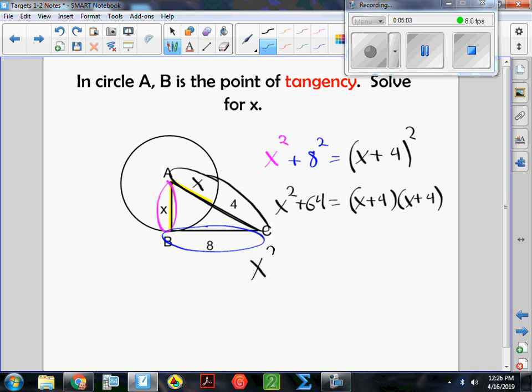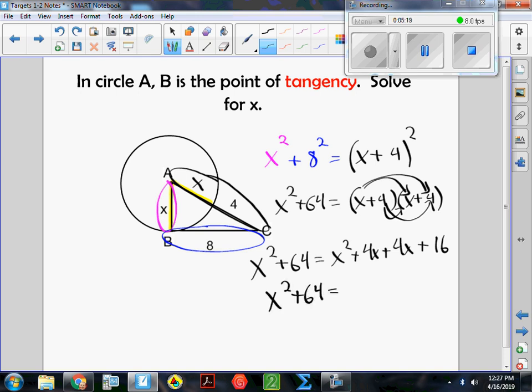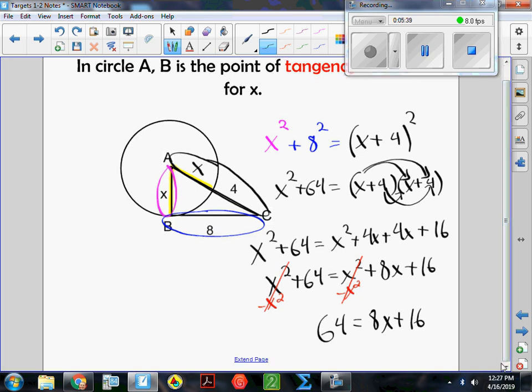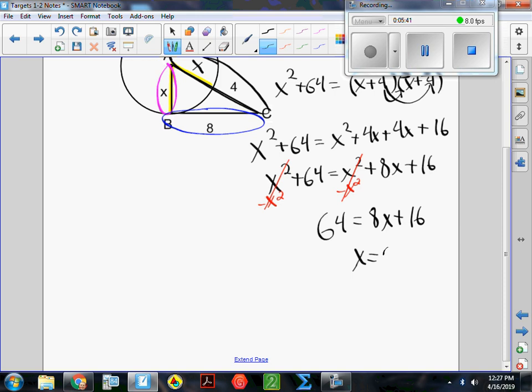On the right-hand side, I have x squared plus 4x plus 4x plus 16. So x squared plus 64 equals x squared plus 8x plus 16. And now I can start to solve. I can subtract x squared on the left, subtract x squared on the right. 64 is equal to 8x plus 16. And working this out all the way, you should get x equals 6.